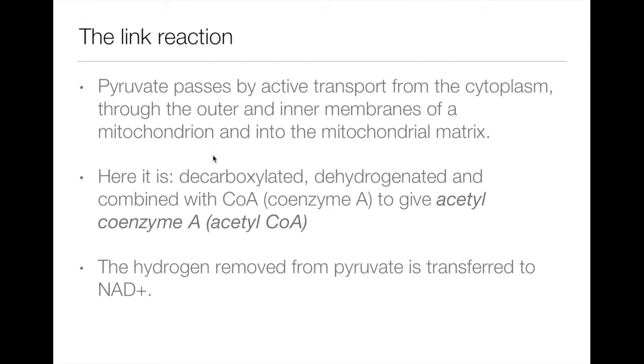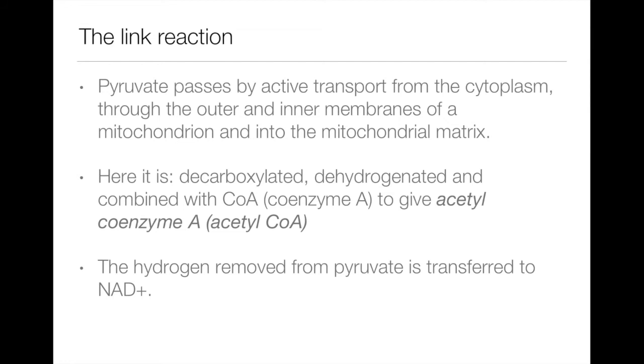And dehydrogenated means that hydrogen is removed, and it combines with coenzyme A to give me a substance called acetyl coenzyme A, or acetyl CoA, as I will be calling it from now on. The hydrogen removed from pyruvate is transferred to the oxidized form of NAD.